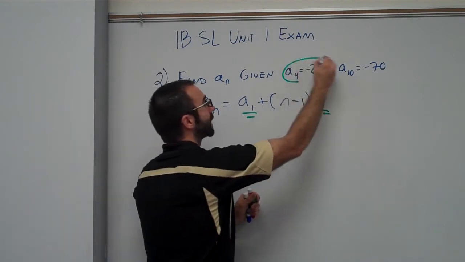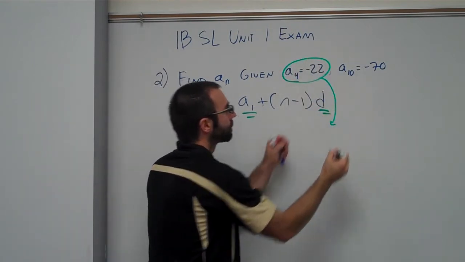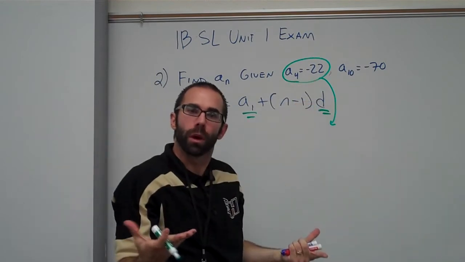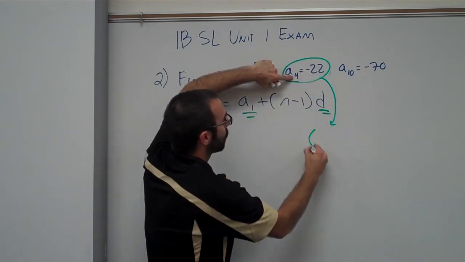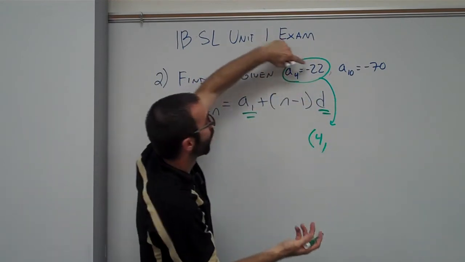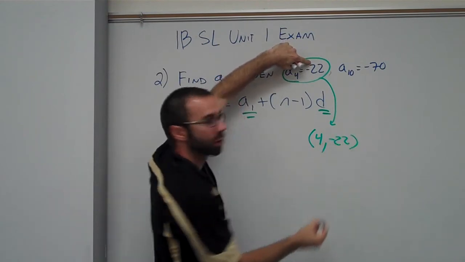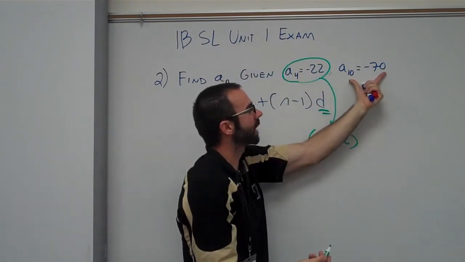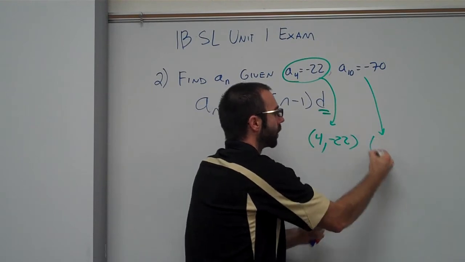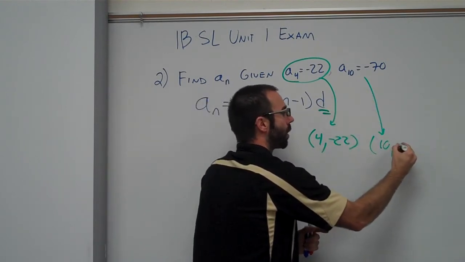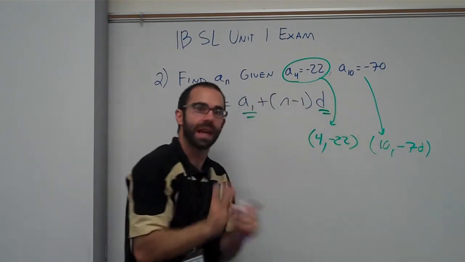If we take a look at this, we can think of this as a coordinate point, as if you plugged in 4 into the formula, what popped out was -22. And we can think of this as also a coordinate point, where when you plugged in 10, what popped out was -70.